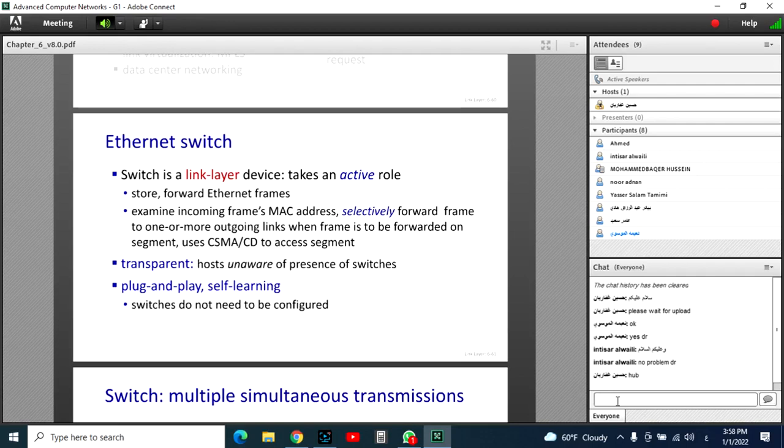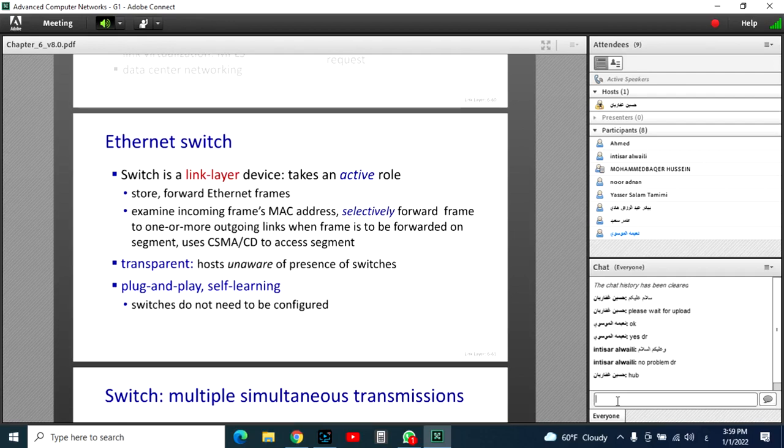It means that if I have, for example, a hub with 4 ports, and this hub receives some data from port number 1, that data will be resent from port number 2, number 3, and number 4.